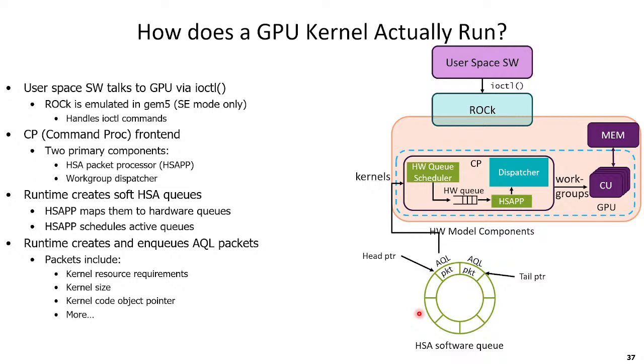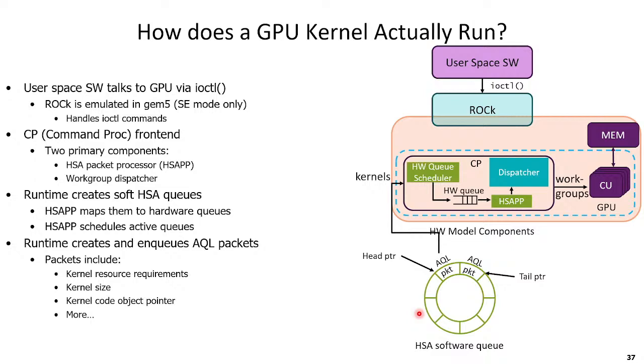Whatever the current tail of that queue is, that is where we enqueue the new packet or packets. When the GPU sees that there's new work, which happens via an interrupt, a signal sent to the GPU that says, hey, you got some new work, hop to it.